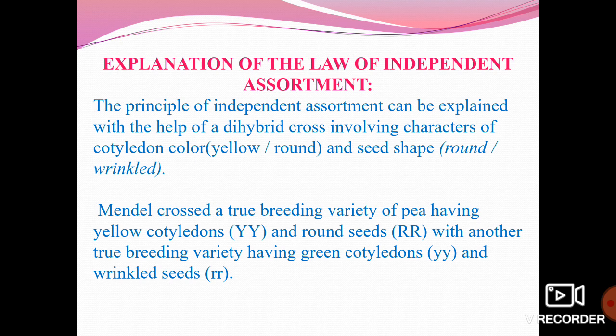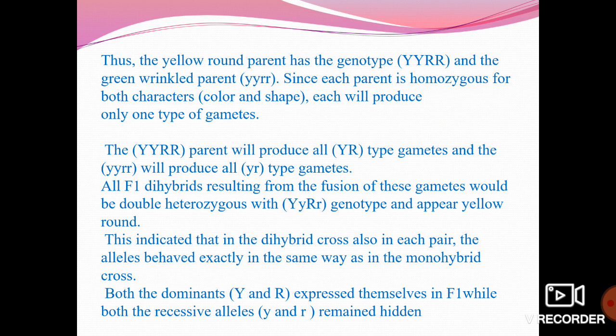Here the genotypes are given by capital Y and small y for yellow and green, and capital R and small r for round and wrinkled. In the first line you have capital Y, capital R as one parent, and the other parent is small y, small r. That means one parent is yellow round and the other parent is green wrinkled.